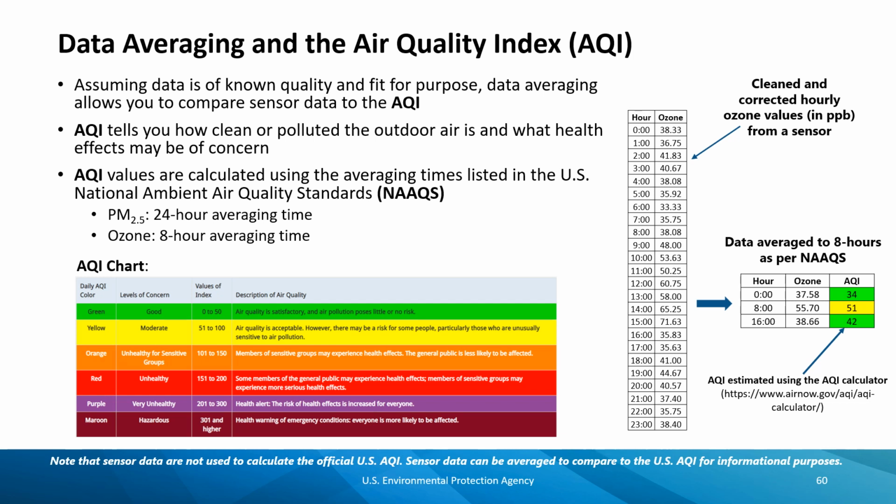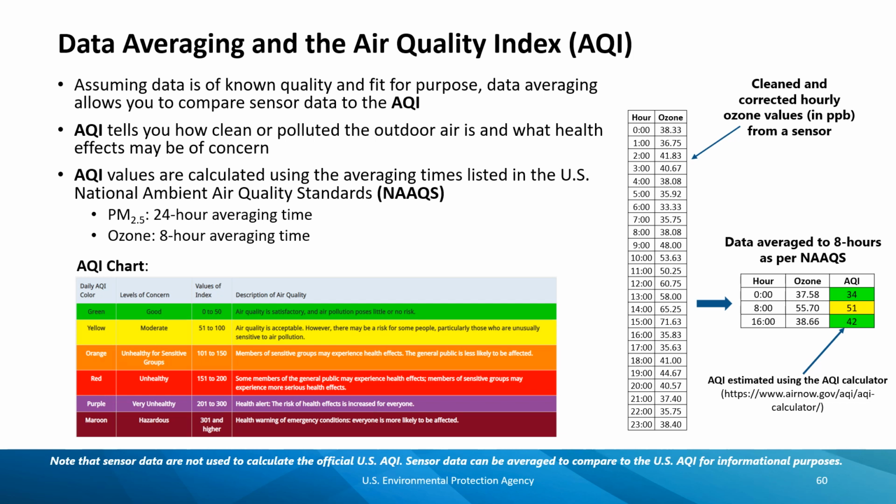In general, when the US AQI is green, the air quality is satisfactory and air pollution poses little or no risk to your health. As you move down the chart into other color categories, there is more concern and elevated risk, particularly for sensitive groups such as people with heart or lung disease, children, and older adults.